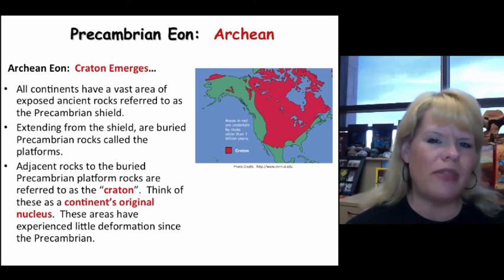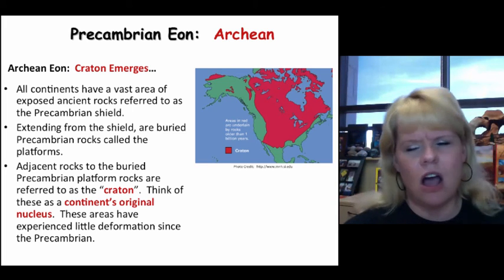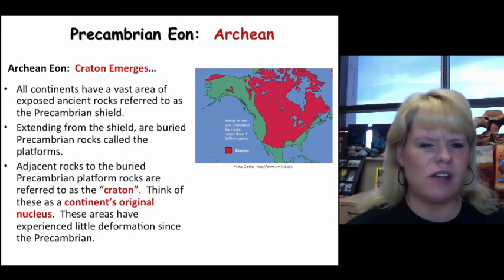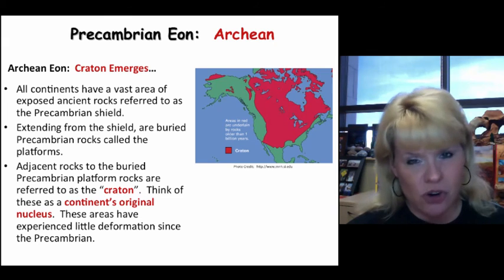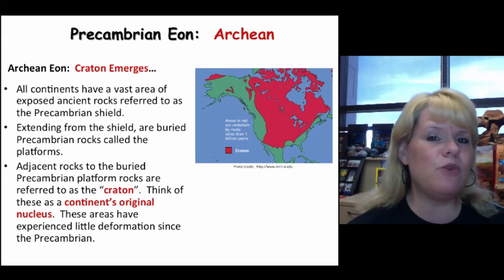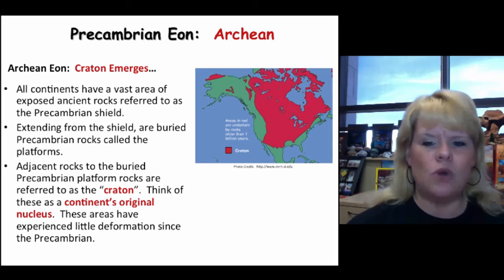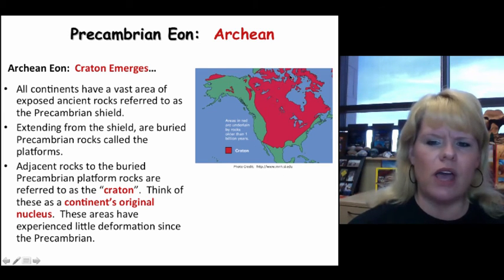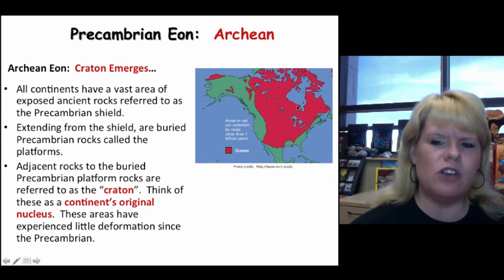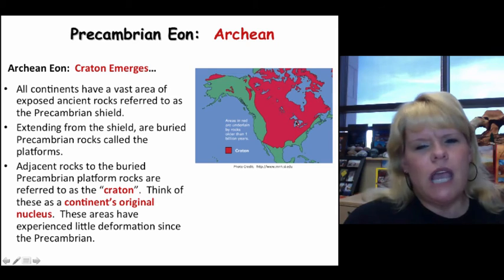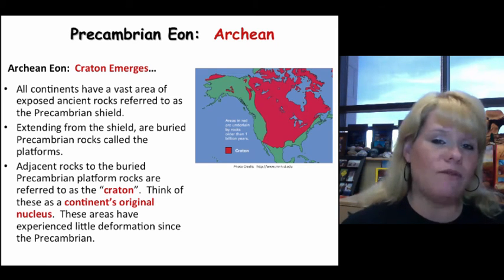So let's talk more about that craton. All continents have a huge, vast area of exposed ancient rock material that is referred to as the Precambrian shield. In this case, all the red would make up the craton. The shield part, the Canadian shield, is right in here. Extending from the shield are buried Precambrian rocks that are called the platforms.